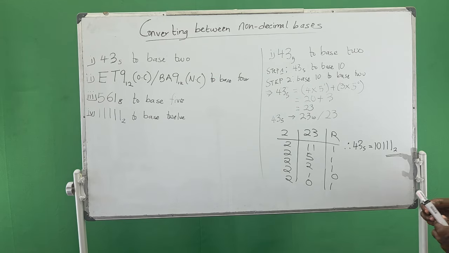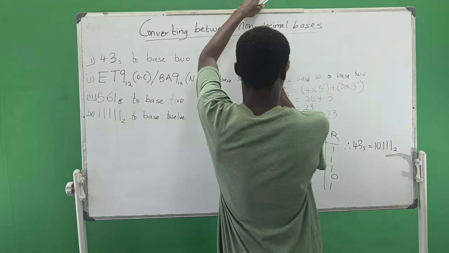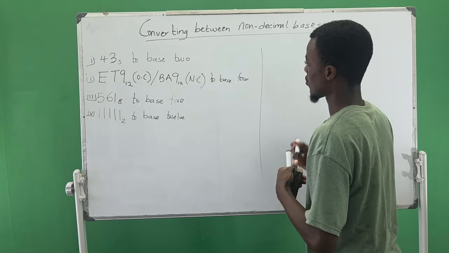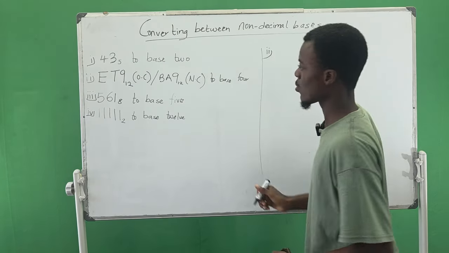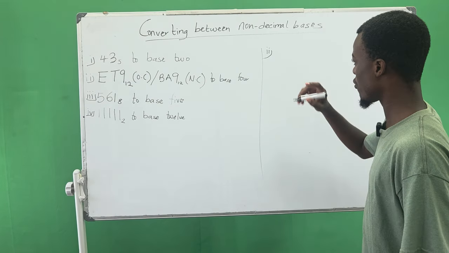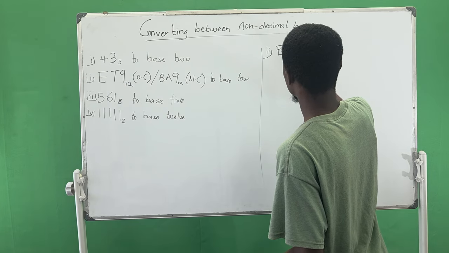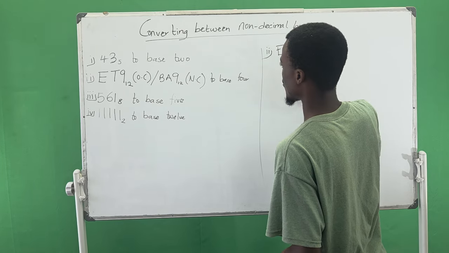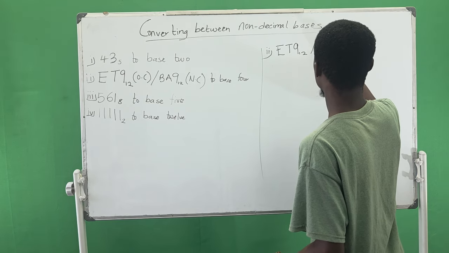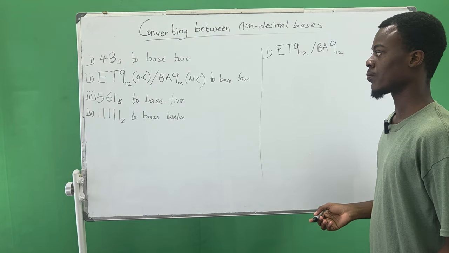Now let's do II. OC means old curriculum and NC is new curriculum. So for ET9 base 12 for the old curriculum, or BA9 base 12 for the new curriculum, convert to base 4.